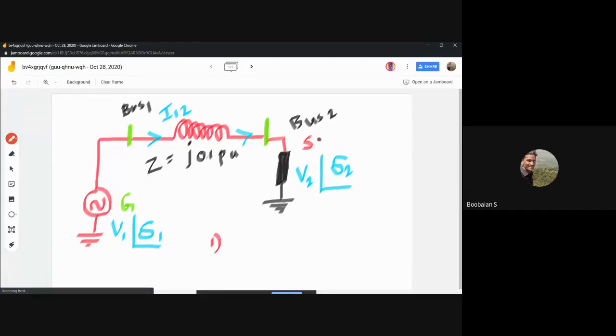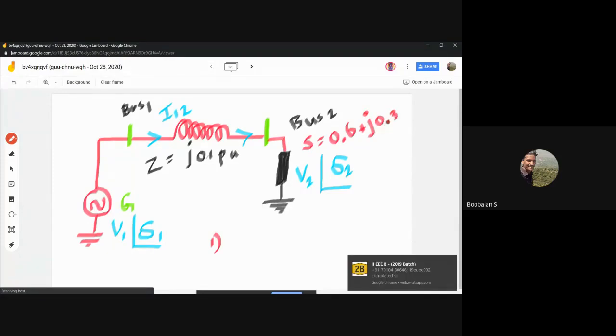So the load value, for example in this given problem, is 0.6 plus j0.3. This is my load value for the entire power system network.